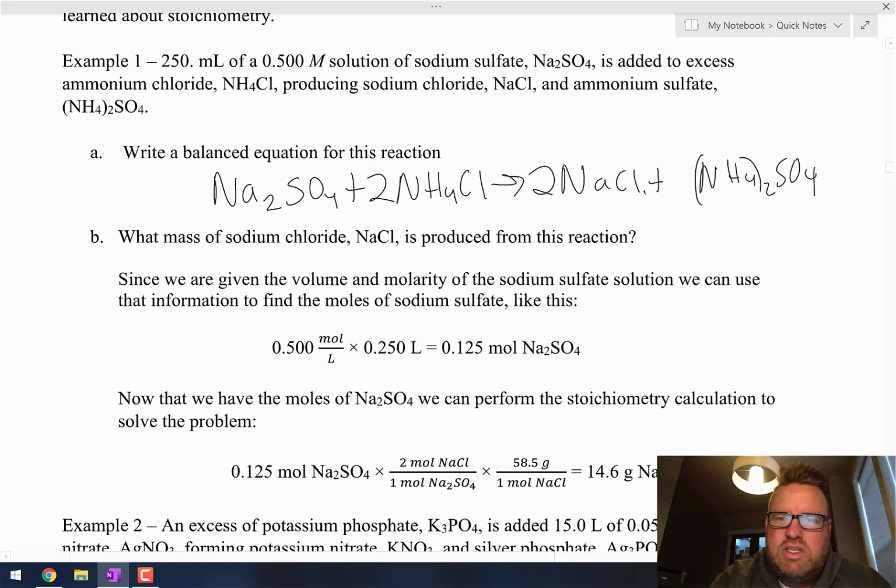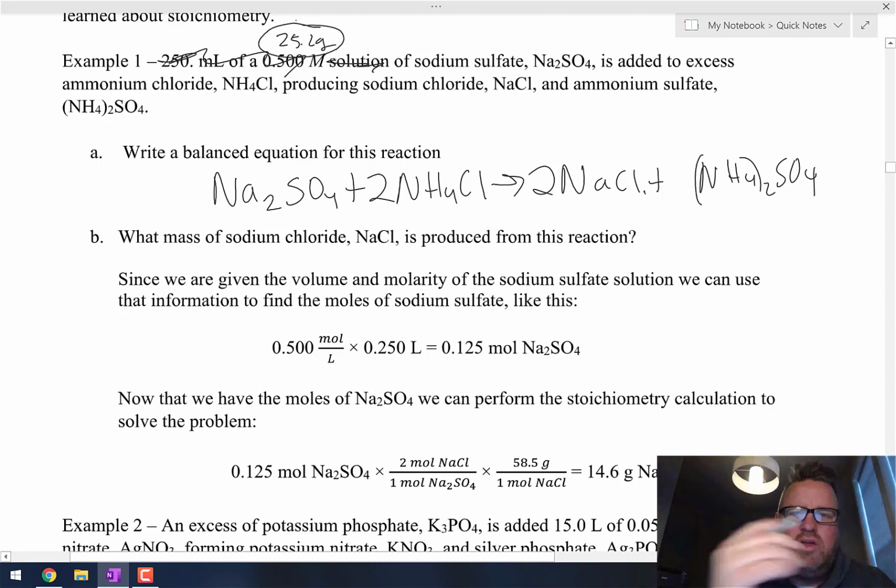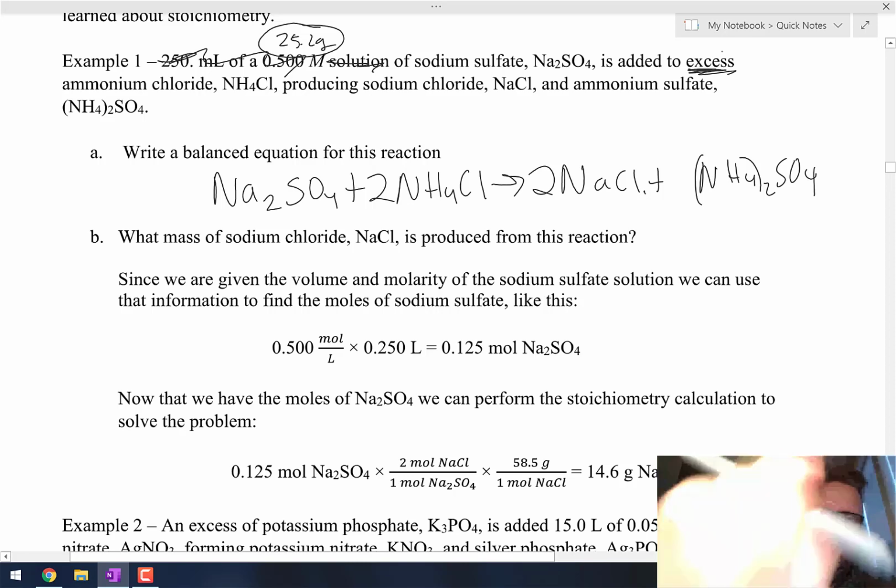Now remember, just like before, let's say we had 25.0 grams of sodium sulfate in excess ammonium chloride. The word excess tells you that the ammonium chloride is the excess reactant, which means the other one is the limiting reactant.